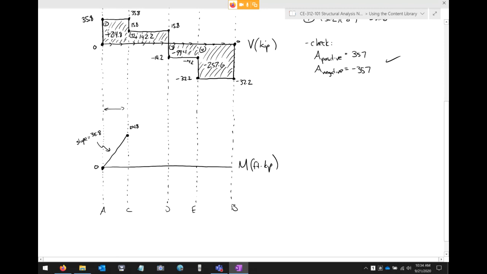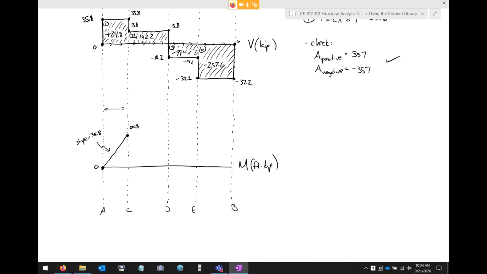Now let me think. Let's talk about that for a second. The slope is 35.8. That's a positive number, right? What does a line look like that has a positive slope? Right, it goes up like this. This is positive slope. This is negative slope, right? So the fact that the line is going upwards and that the slope is positive indicates we're doing something correct. So that's a check that what you're doing is accurate.